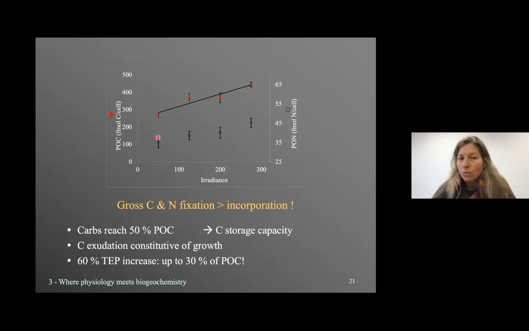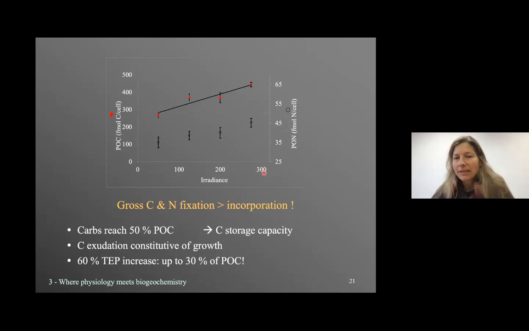But also what we noted is that the gross carbon and nitrogen fixations were higher than the incorporation rate. So not only the cell content increases, but the exudation rate increases as well.